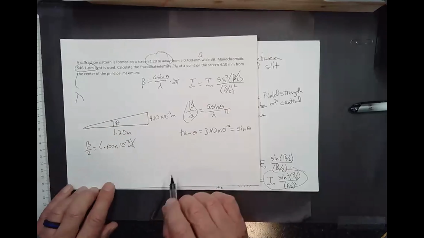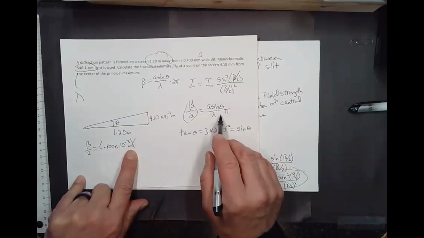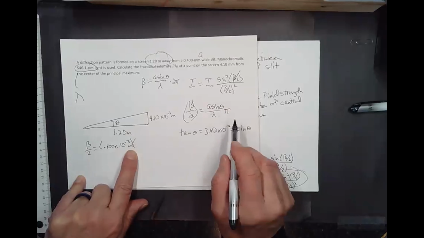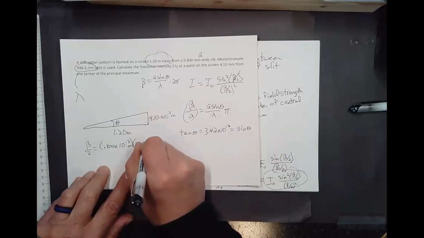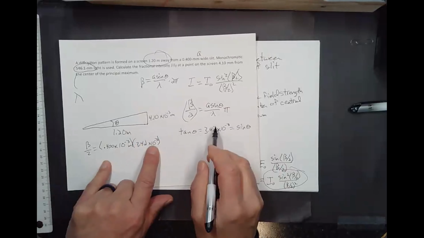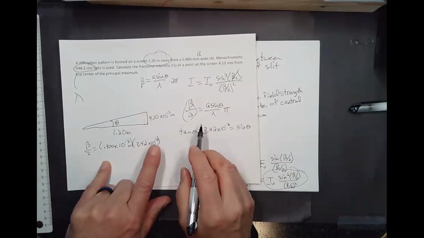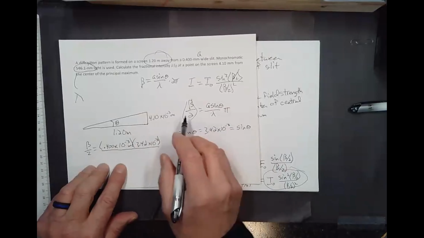And I only need 3 on here. So this formula was supposed to have a sine of theta in it. So that'll be my 3.42 times 10 to the minus third, and sines are dimensionless.